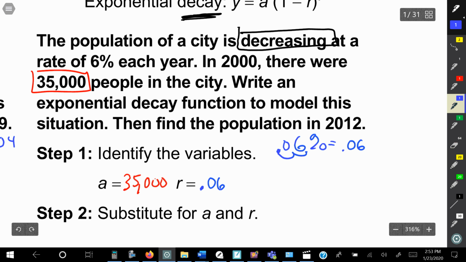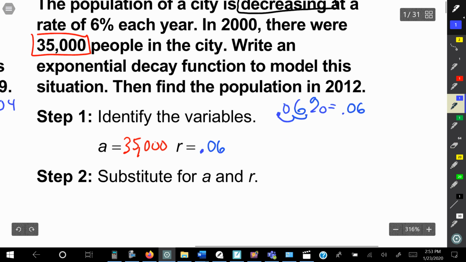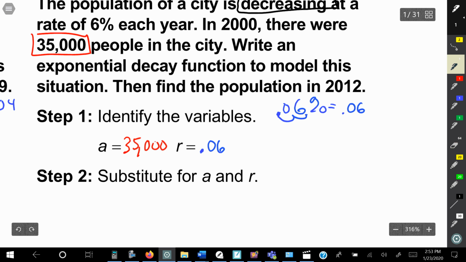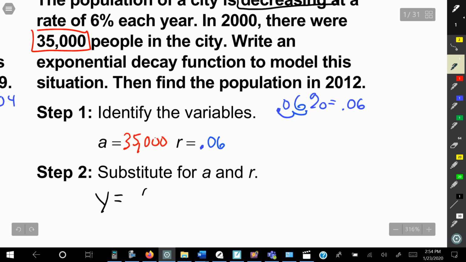Now I'm going to substitute A and R into this formula, leaving everything else the same. So I'm going to have y is equal to A times 1 minus my rate raised to the t.